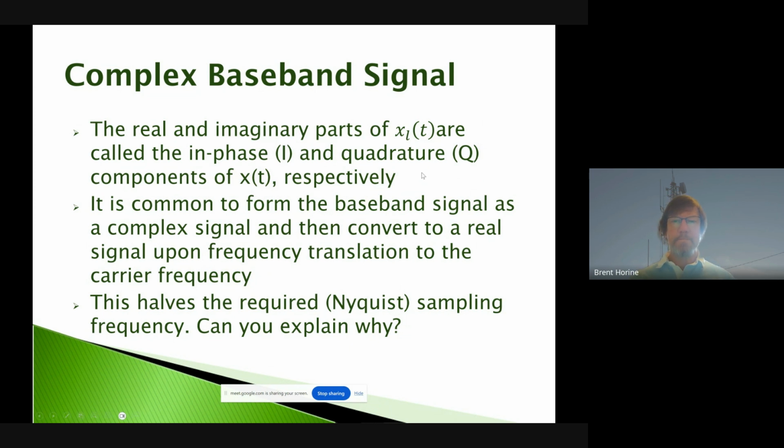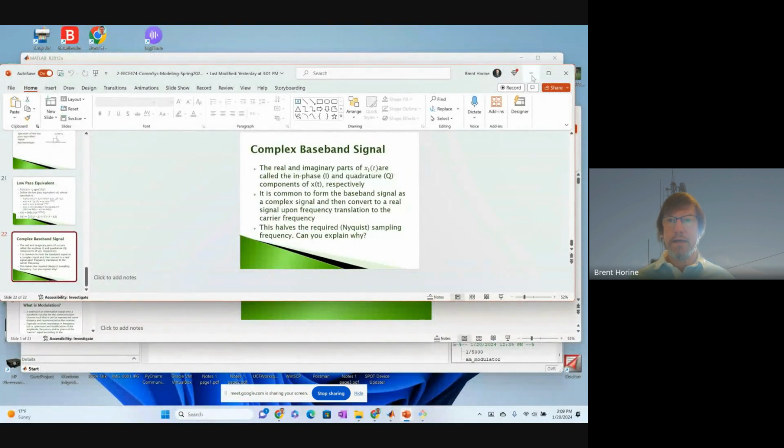So we use IQ sampling quite a bit just because it helps us implement wider bandwidth, higher frequency signals easier. All right, so that was the end of lecture 2.